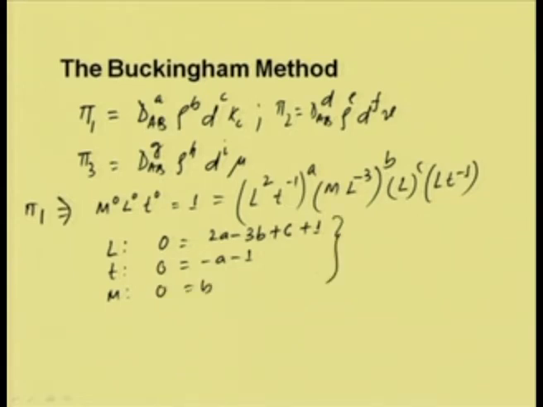So, if we solve these 3, we will have A is equal to minus 1, B is equal to 0 and C is equal to 1.